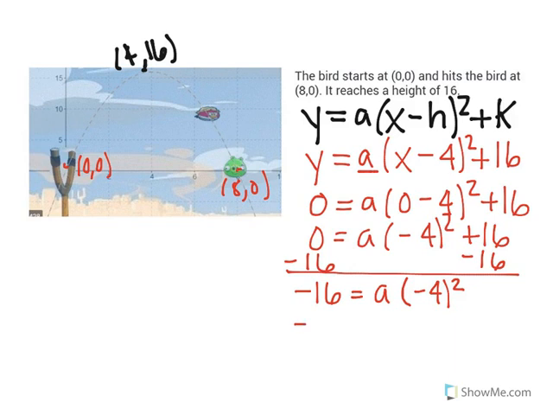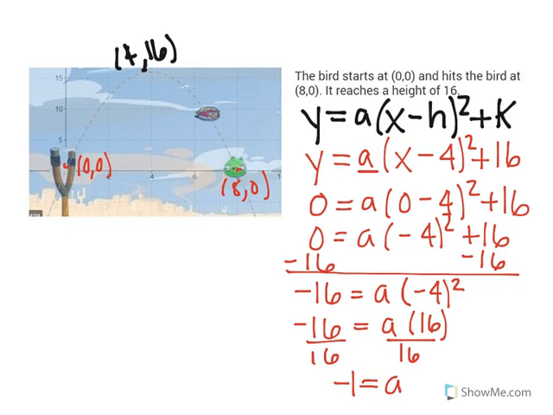Negative 4 squared is 16. In order to solve for a, I'm going to divide by 16 on both sides. Negative 16 divided by positive 16 is negative 1. So that's my a value.